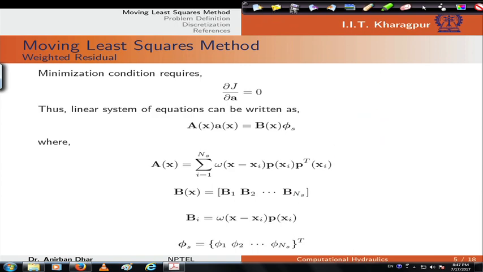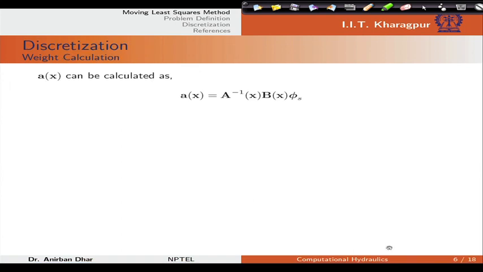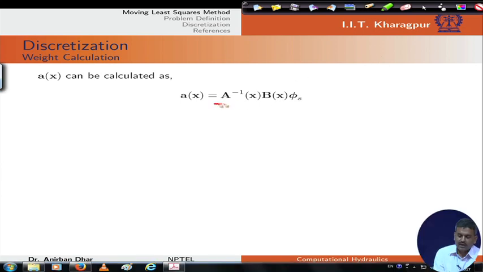With this we can calculate A. We can take inverse of A into B, and phi is the value which is available in the neighborhood of the given point.